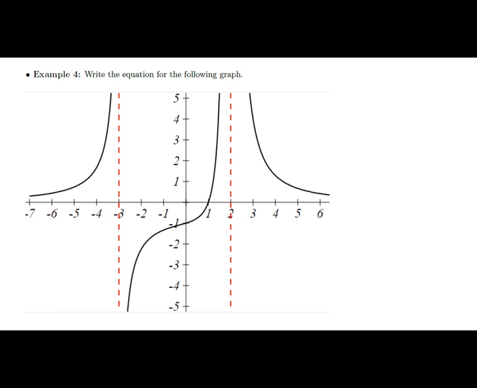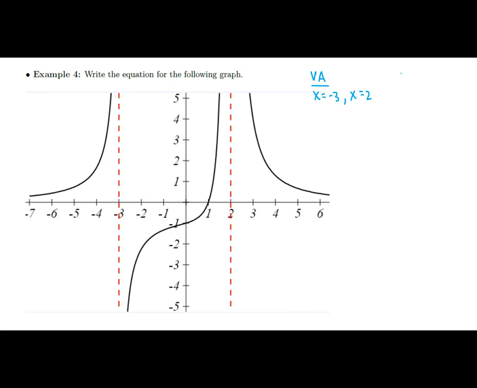All right, so our last example here is going to really just kind of turn this around a little bit. So here I'm going to be given a graph and asked to come up with the function that it has to go with. So on the one hand, we can right away identify important features, right? Vertical asymptotes are at x equals negative 3 and x equals 2.